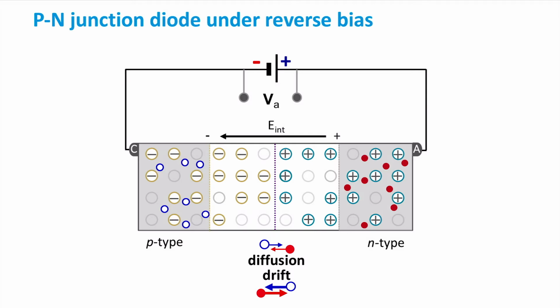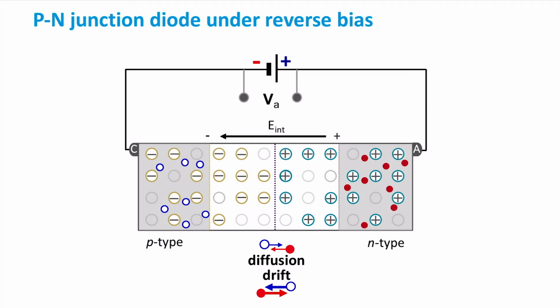The built-in voltage of the p-n junction has the same potential difference, therefore the built-in voltage and the reverse applied voltage add up. The electrostatic potential difference across the depletion region has increased.